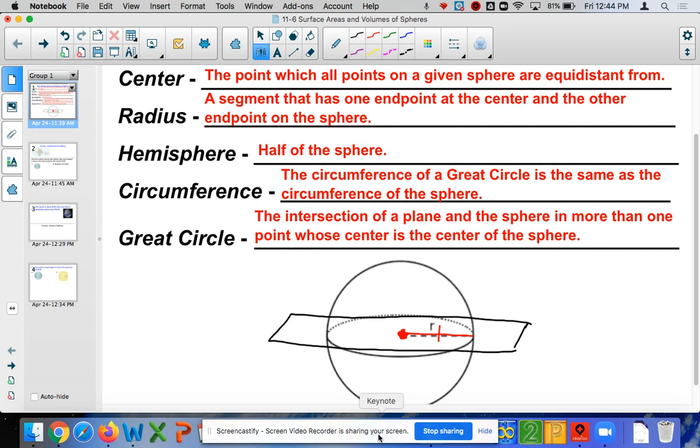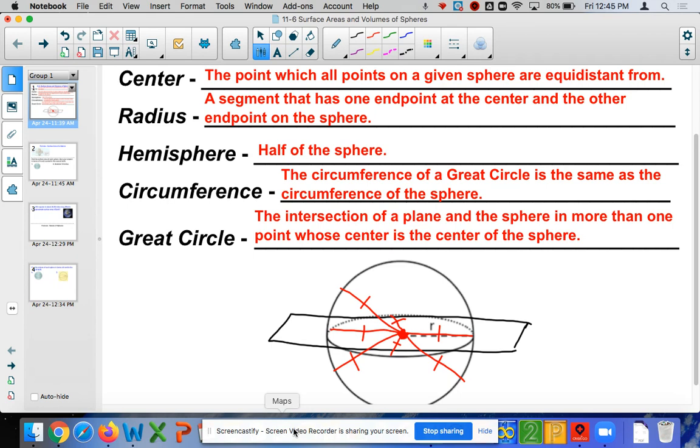That distance is the same as this distance, which is the same as this distance down here, which is the same as this distance right here, and down there, and over here, and even over here. All of our points are on the sphere. There's no points inside the sphere other than the center. It's like a ball. So hopefully that helps you out a little bit.